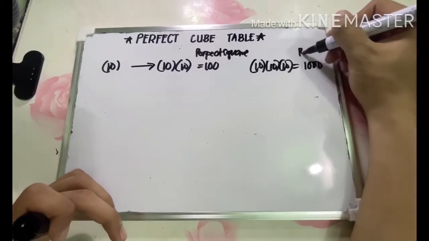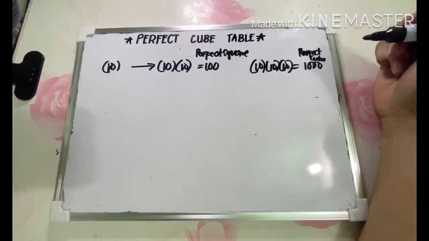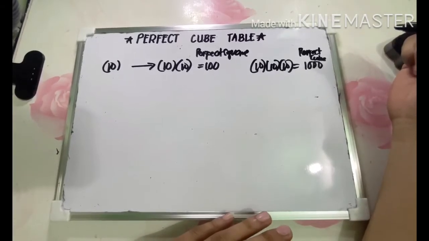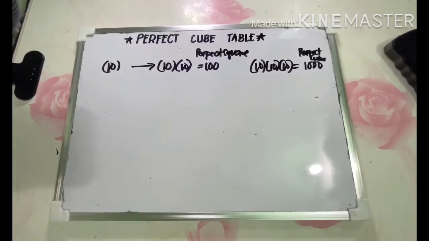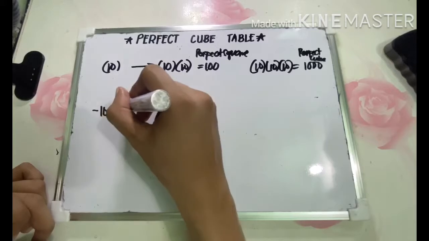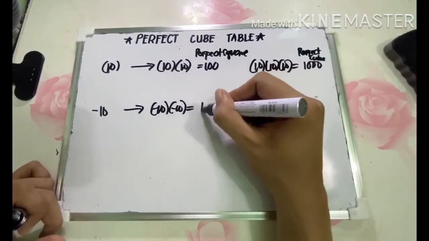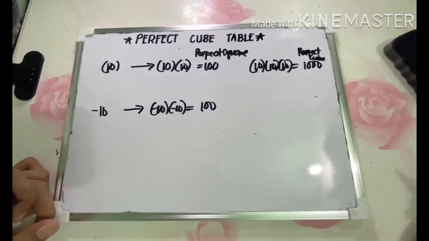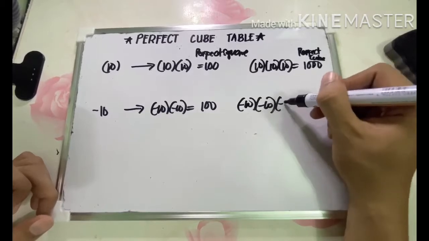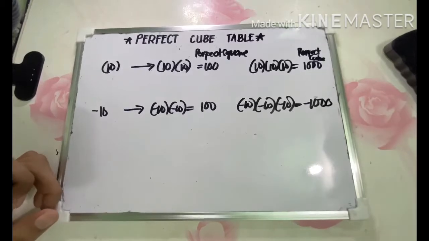So this is a perfect cube. This is especially for those who have a hard time identifying a perfect square and a perfect cube. Also with the negative sign, for example, negative 10 times negative 10 is equal to positive 100. And negative 10 times negative 10 times negative 10 is equal to negative 1000.